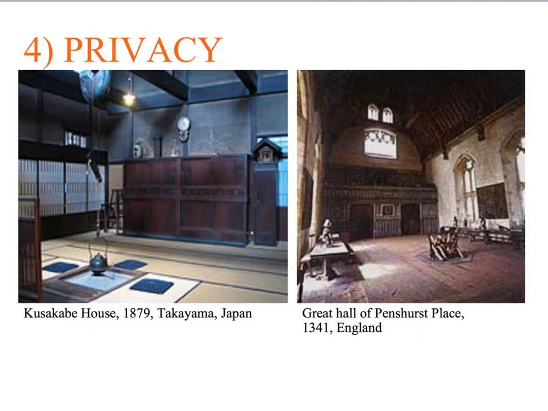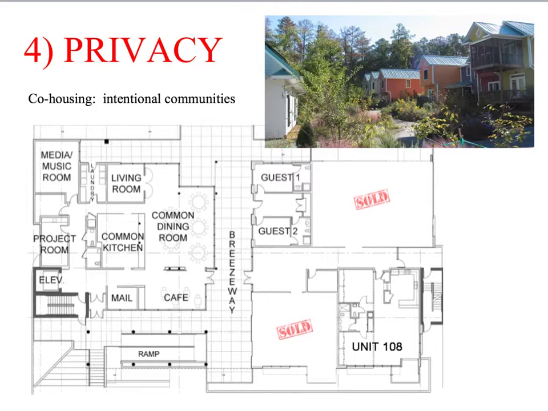This is a great hall from the 1300s where once again everything was done here. It shows that there weren't specific rooms for specific things, that there were a lot of people together, but that things didn't overtake the spaces used. Flexibility.